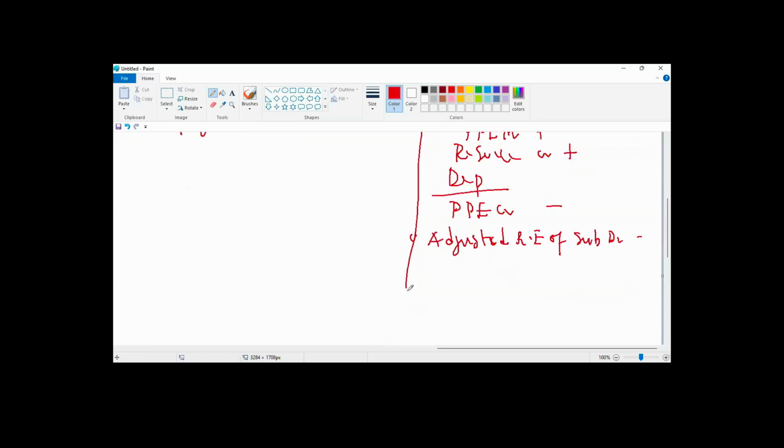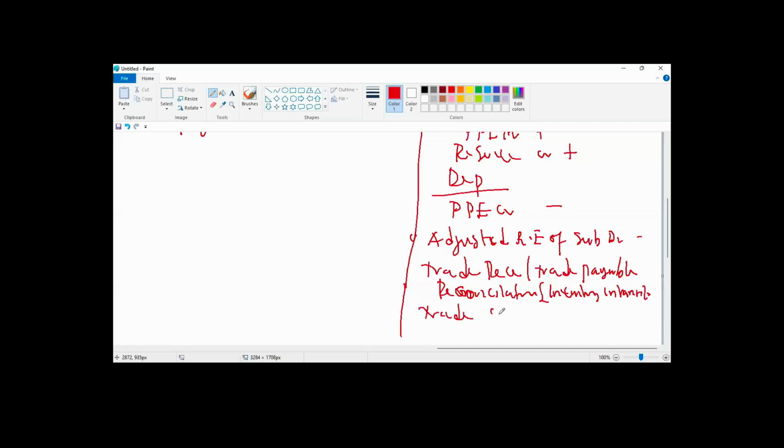Then we talk about trade receivable, trade payable, reconciliation. Inventory in transit: I would say trade receivable credit.